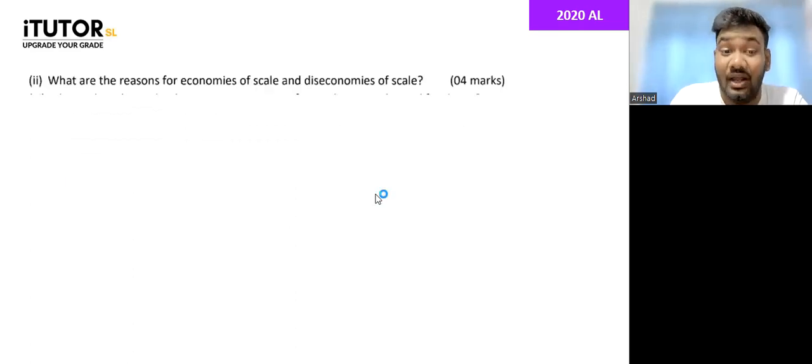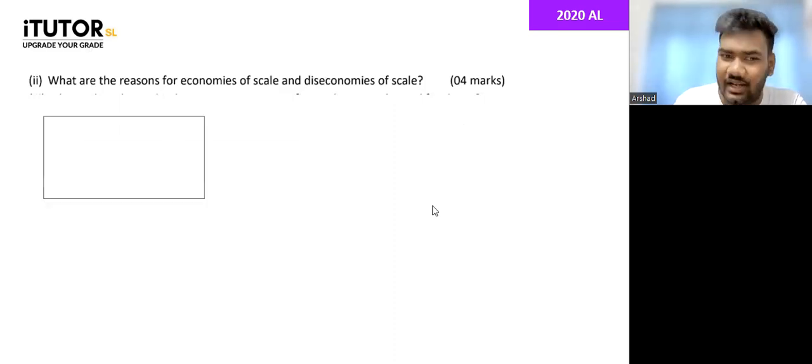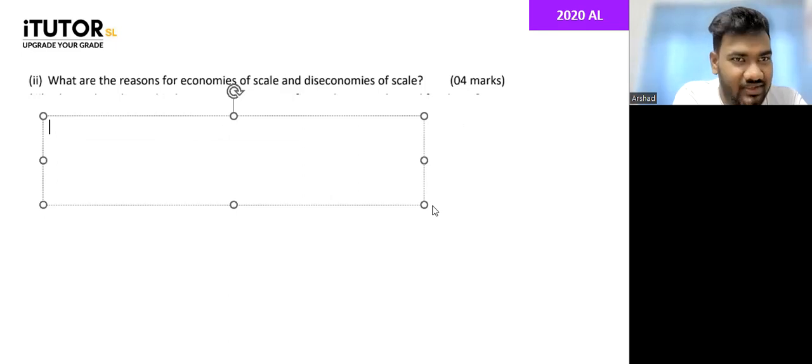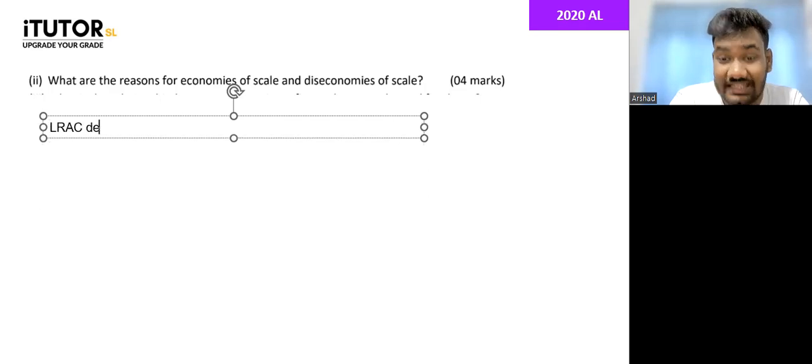Going to the next. What are the reasons for economies of scale and diseconomies of scale? I remember we talked about economies of scale and I talked about the reasons in detail, right? So what is economies of scale? Economies of scale is where the long run average cost is starting to come down, where the long run average cost decreases.